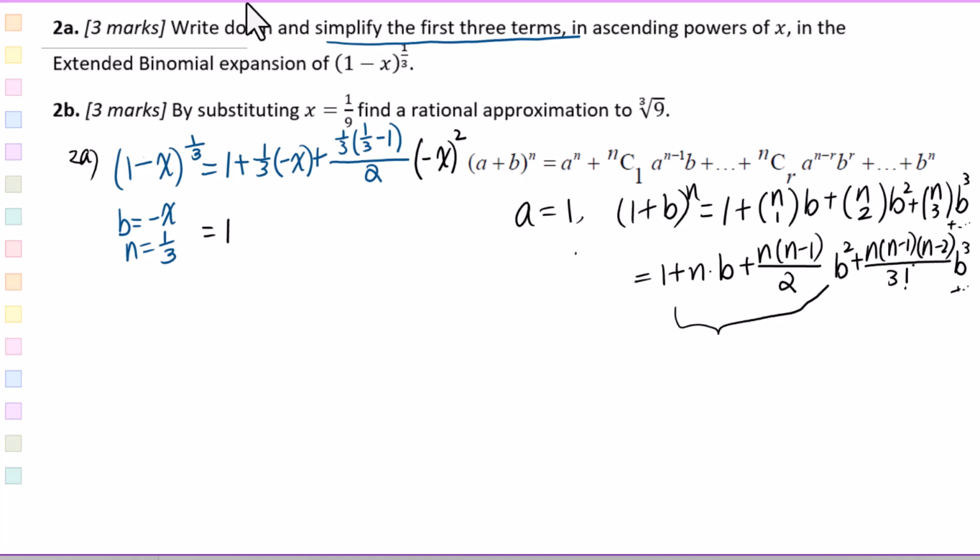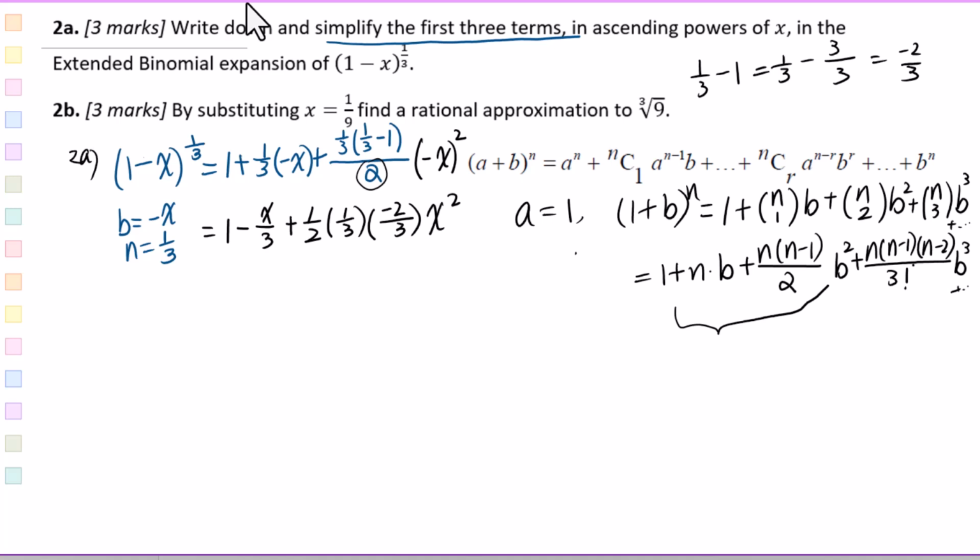Simplify: 1 minus x over 3 plus, we will take these two to the front, 1/2 times 1 over 3 times (1 over 3 minus 1), which is 1 over 3 minus 3 over 3 equals negative 2 over 3. Negative 2 over 3. Negative x squared is x squared.